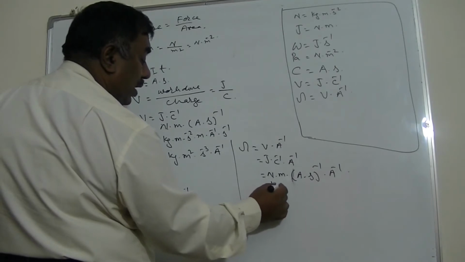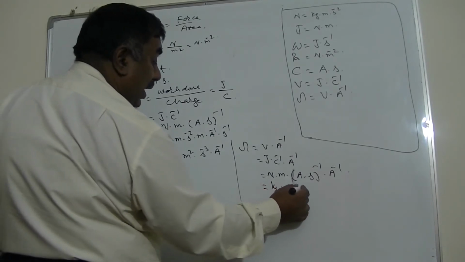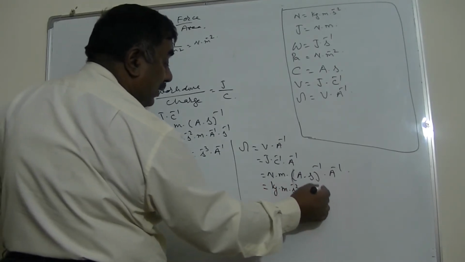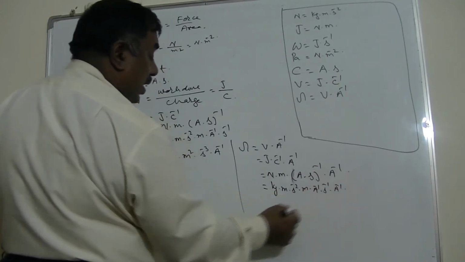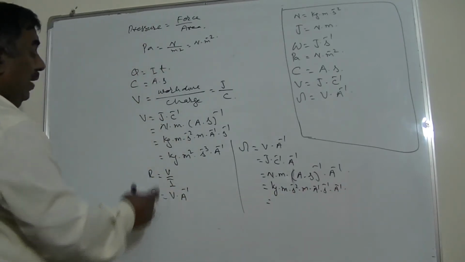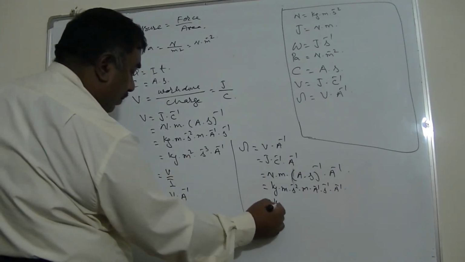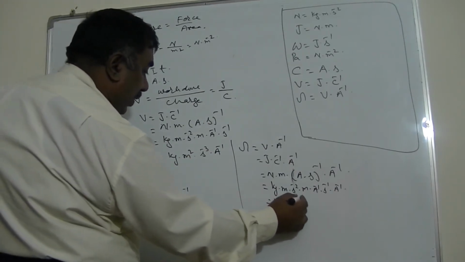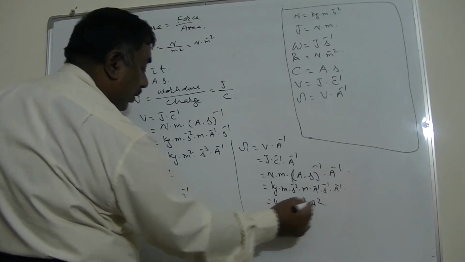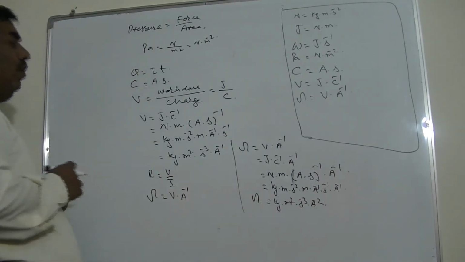Newton is kilogram meter per second square. So simply, kilogram meter square s power minus 3 A power minus 2 will be the SI base units of the ohm.